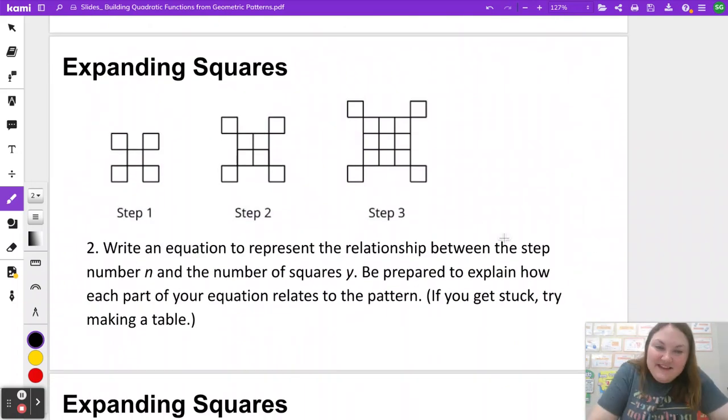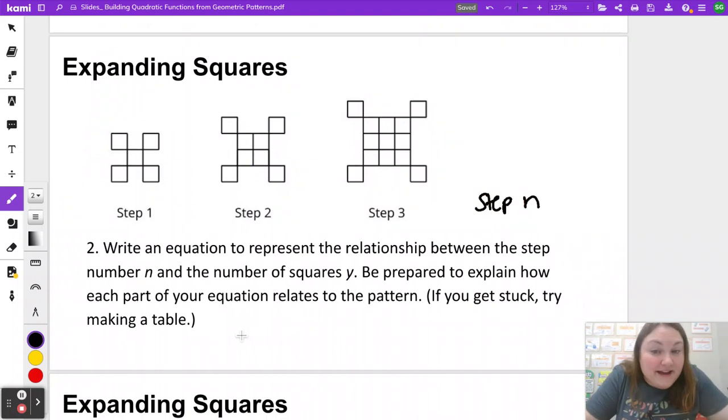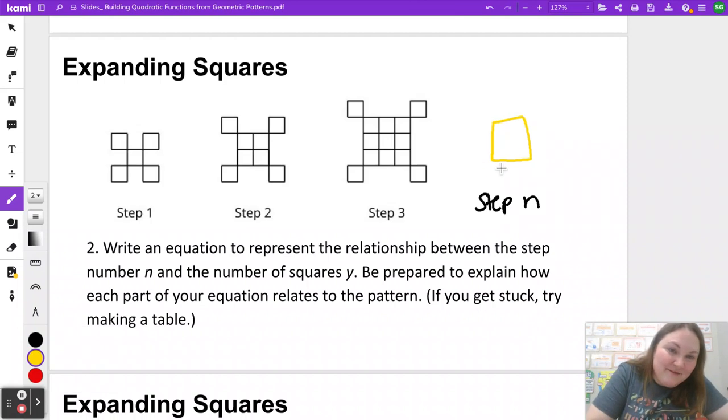So a way to think through this is if we jump to step n, what would that picture look like? Well, for step 1, we had a 1 by 1 square in the center. Step 2, we had a 2 by 2 square. Step 3, we had a 3 by 3 square. So for step n, in the center, I would have an n by n square, and then we would still have those 4 squares on the corner.